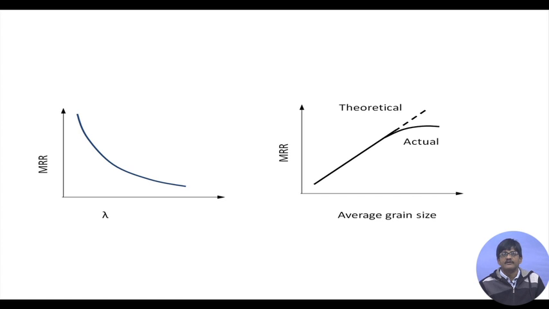Next, average grain size goes on increasing as suggested by the MRR equation, and a theoretical value should always be proportional, but after a particular stage it is found that the MRR reaches a maximum and then falls.